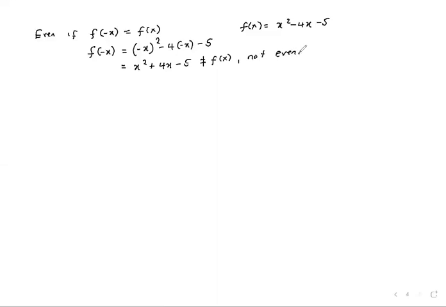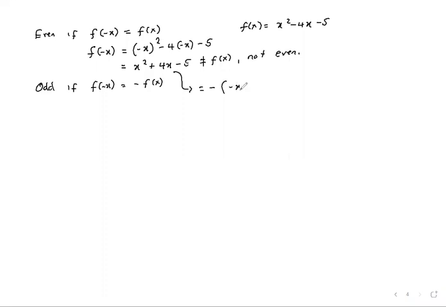Okay? A function is an odd function if f of negative x gives us negative f of x. So you go back where we ended, pick this and check if it's odd. Factor out the negative. What do we get inside?